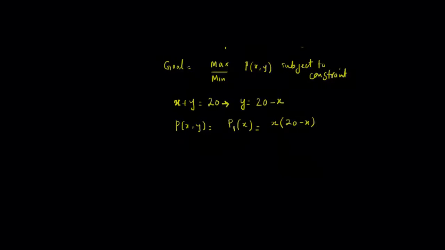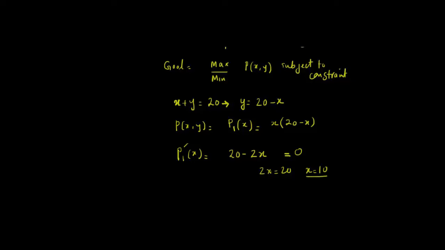So our goal is to maximize and minimize this p1 function, and we know from our knowledge about derivatives that a maximum or a minimum occurs when we have the derivative equal to 0. So our derivative for this cost function becomes 20 minus 2x, and we want to set that equal to 0 and solve it, which tells me 2x is equal to 20, therefore x is equal to 10.